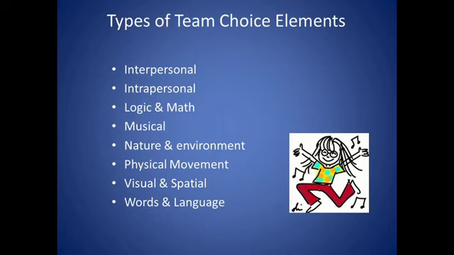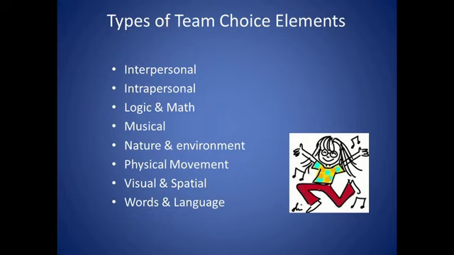You also see a lot of words and languages in the team choice elements in the use of puns or jokes or rhyme. And you see a lot of physical movement like dancing, that sort of thing in team choice elements. The others are not quite as often used. Possibly musical, where people write their own music and play it on instruments.